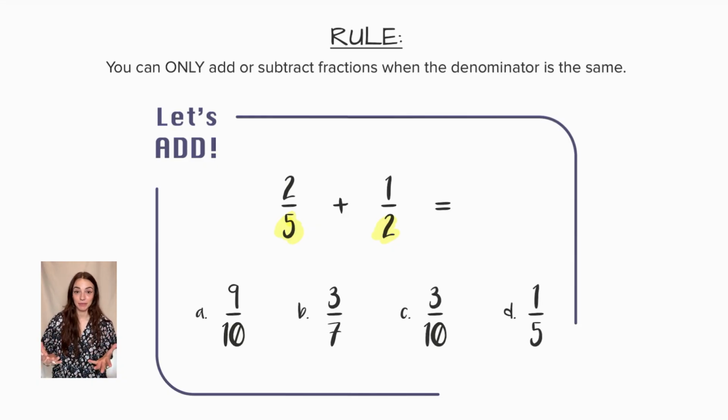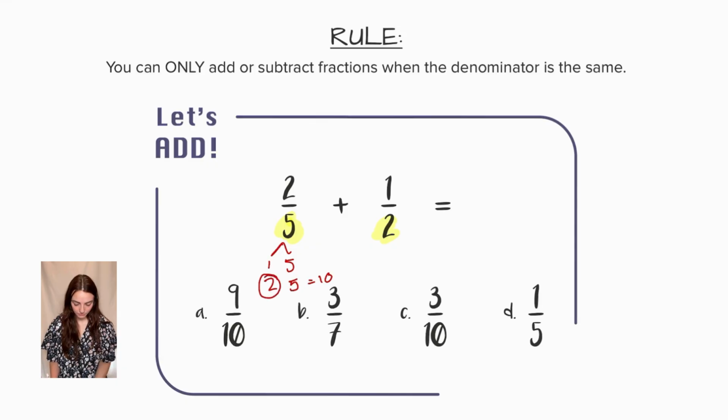We're going to have to make them bigger numbers somehow, right? So what can both of these numbers be multiplied by so that they can equal the same thing? Well, we have 1 times 5 is 5. That didn't make it any bigger. Right? We have 2 times 5 give us 10.